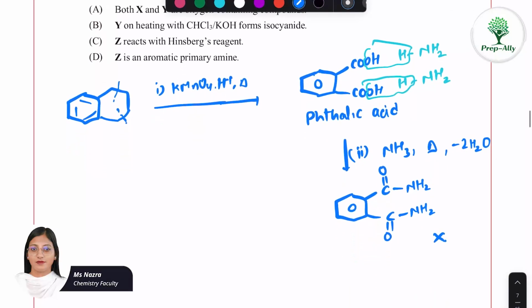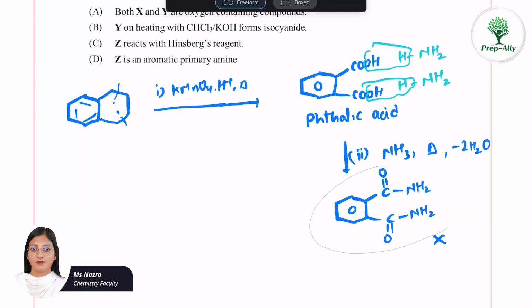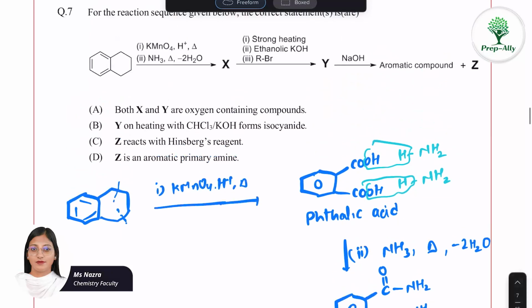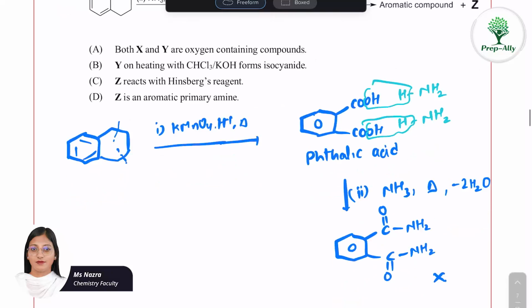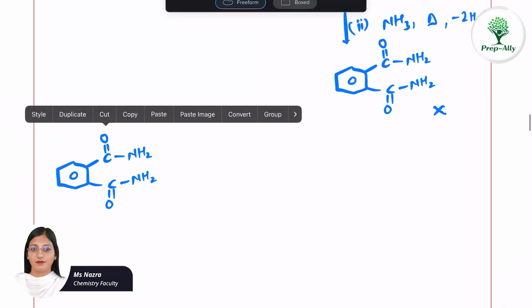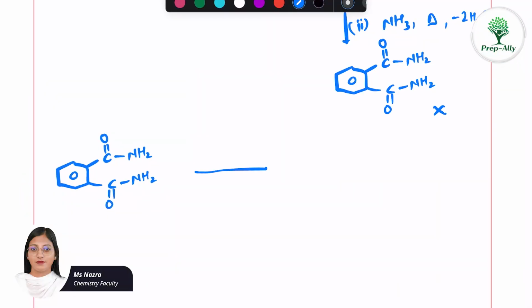Next, in this X we are adding strong heating. First is strong heating, then addition of ethanolic KOH, and then reaction with RBr. Let's do this. Strong heating. When we do strong heating, you must be getting some idea, as we have already done it in the class. It will result in the formation of phthalimide.